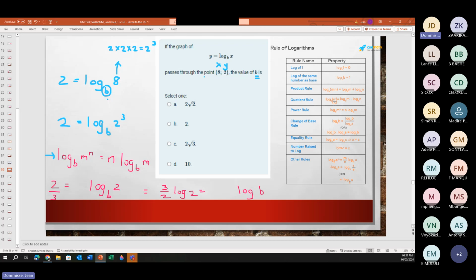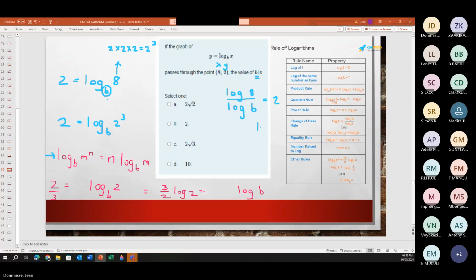So if you think about it, let's just write it as log that, because this is another way to write it. Log 8 over log b is equal to 2.